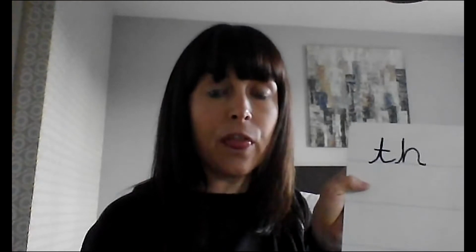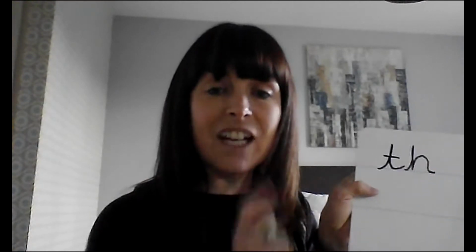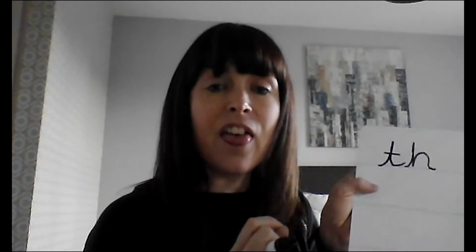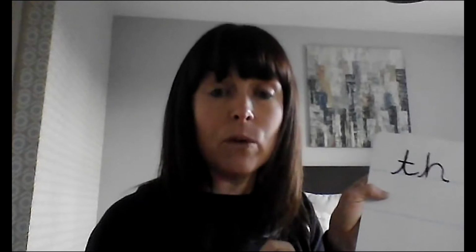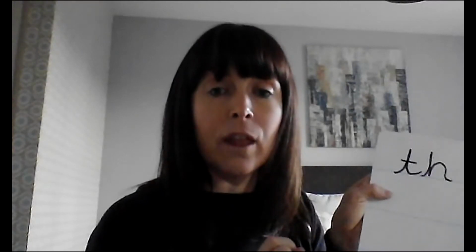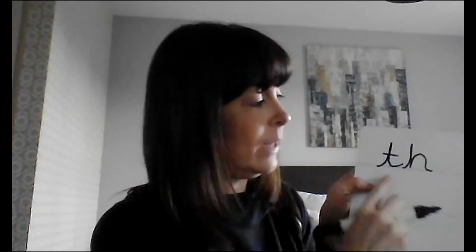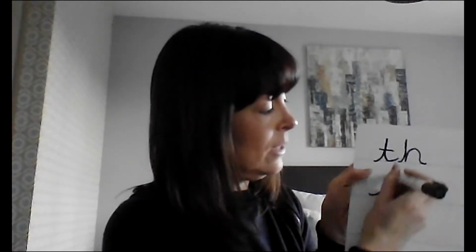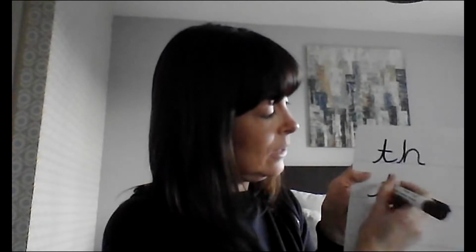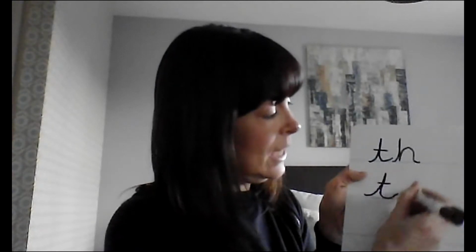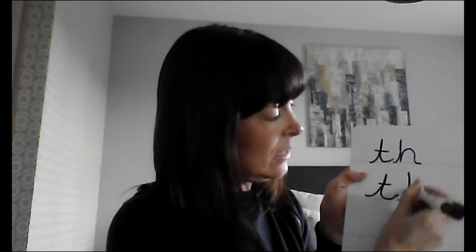For both sounds, we need to stick our tongue between our teeth. And we just breathe out for one, or we need to use our voice a little bit more for the other way that it's pronounced. Okay, so you write it as well. We need a t, and an h. Okay, have you got that?